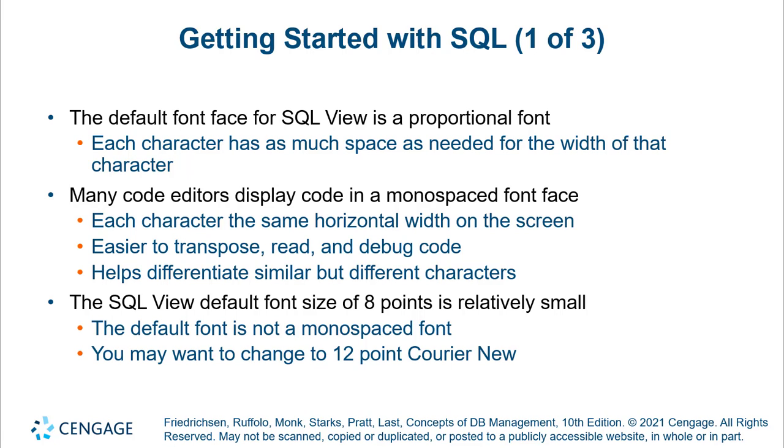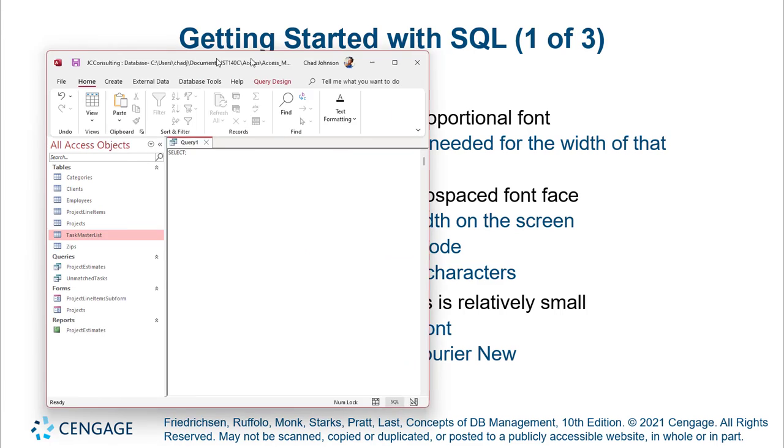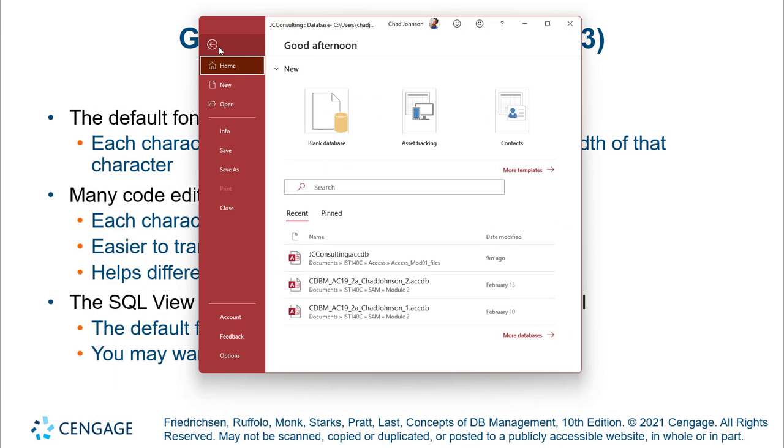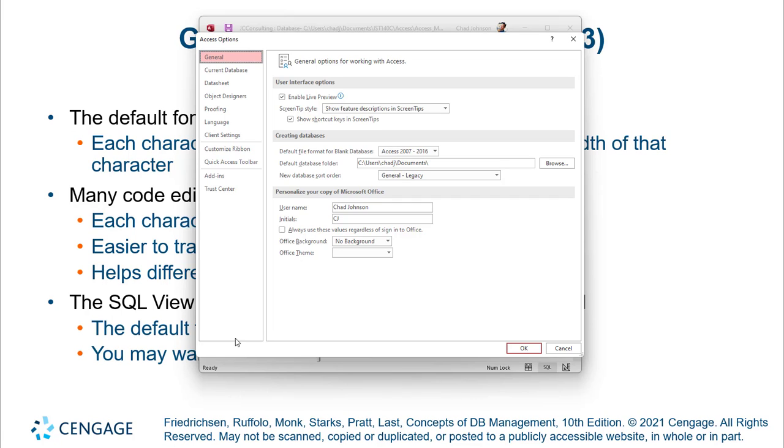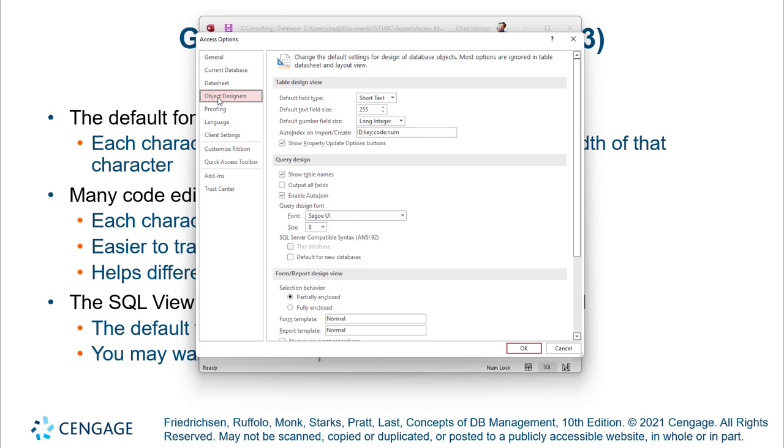Some recommended changes, and you don't have to do this, but I do encourage you to change the font. To do that, we're going to come up to File, and then all the way down to Options. Once the Access Options dialog box opens up, we come to Object Designers. Underneath our Object Designers, we have our query design.